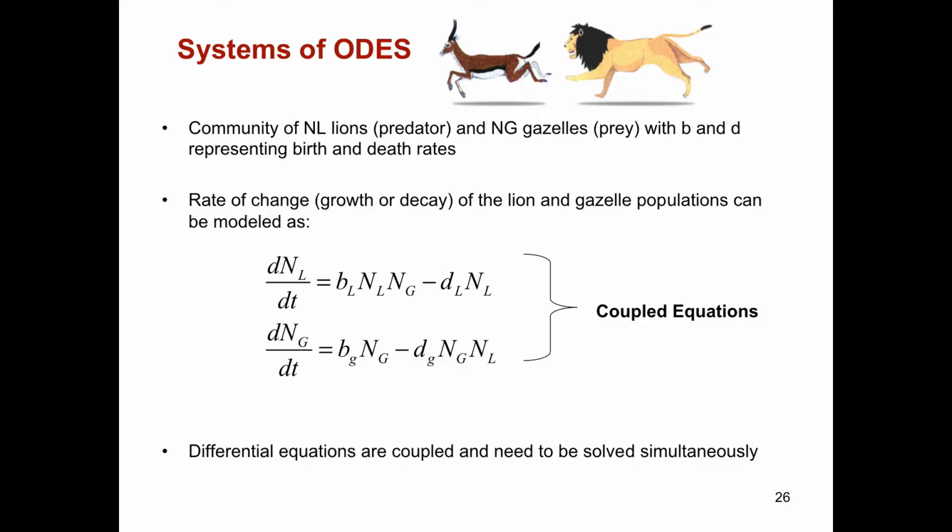And both of them depend on x, because they somehow interact, but they also depend on each other, okay? You can actually assume a situation where you have lions and gazelles, predator and prey. So of course, how many predators you're going to have depends on how much food they have. How many gazelles you're going to have depends on how many lions you have. There's a death rate for both.